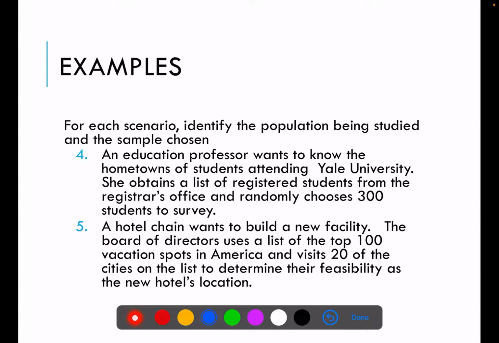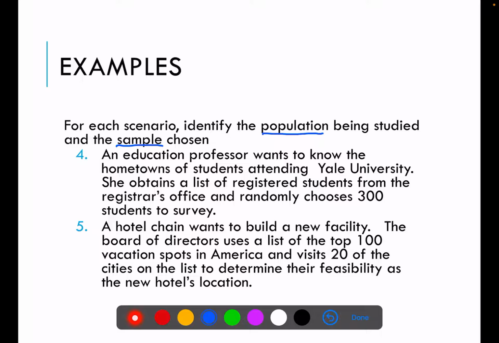Okay, again, we want to identify whether the following statement describes a population or a sample. An education professor wants to know the hometown of students attending Yale University. She obtained a list of registered students from the registrar's office and randomly chose 300 students to survey. So this statement describes two things here.